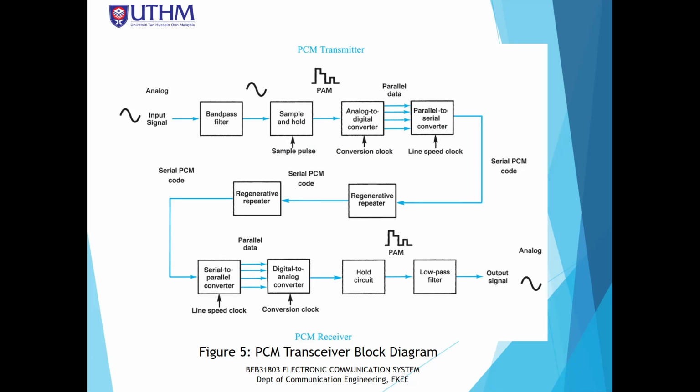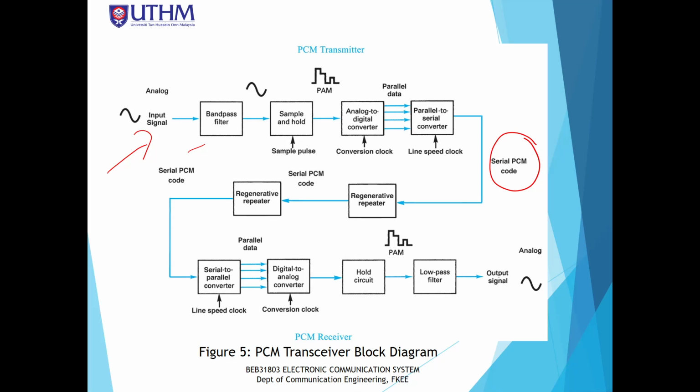And this is the PCM transceiver block diagram, consists of a transmitter and also the receiver. So you see that here we have the input signal, and then going through the band pass filter, and then sampling, quantizations, and also the encoding, and then we send the signal over the transmission line. This is a baseband transmission.